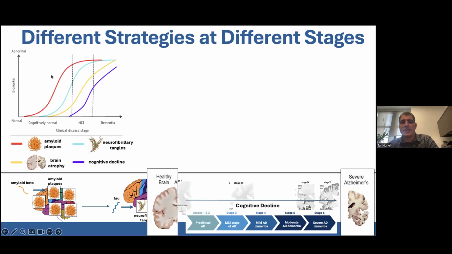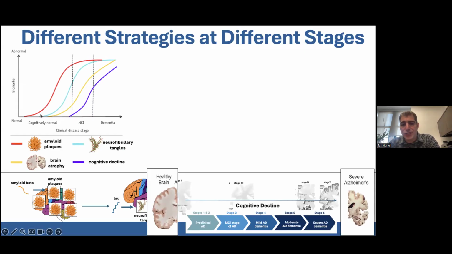Another way to show this is one of these, called a Jack curve. This is very common in Alzheimer's. You go to any conference, you'll see this a million times in one way or another.